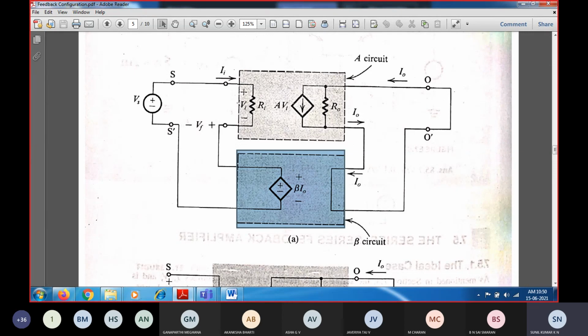I naught by Vi is the amplifier gain, and multiplying with beta, which is Vf divided by I naught, the voltage cancels and the current cancels, so the loop gain A into beta is a dimensionless quantity. That you should remember: A and beta always give a dimensionless quantity.